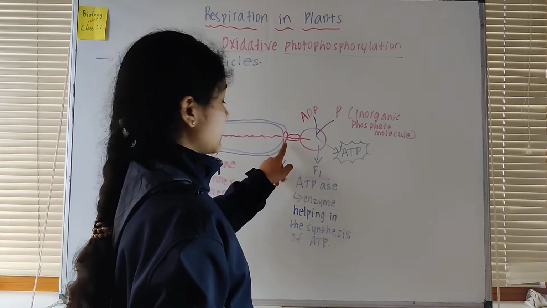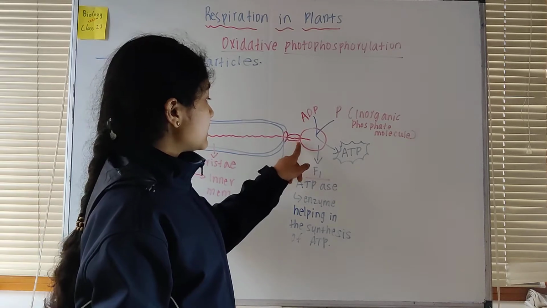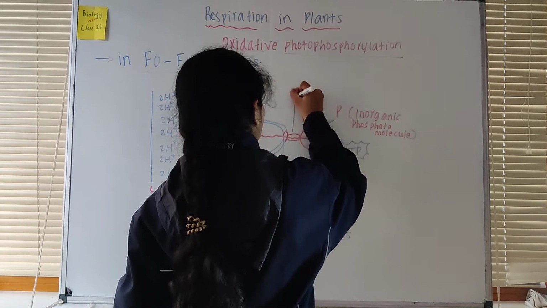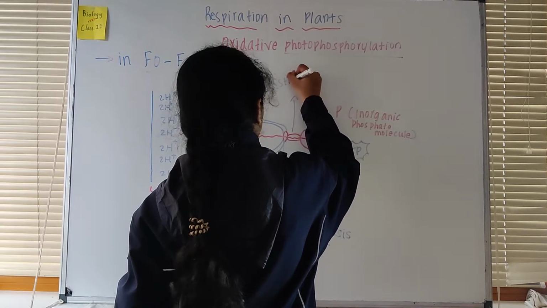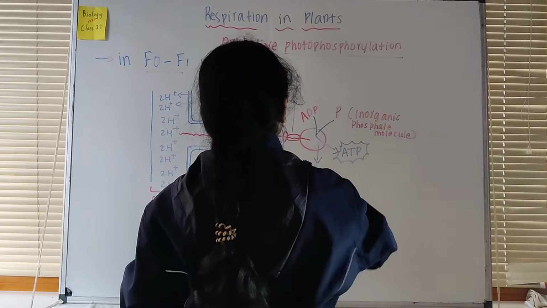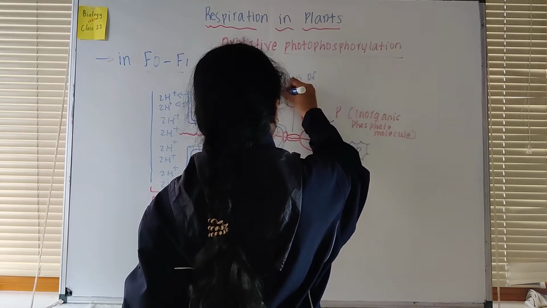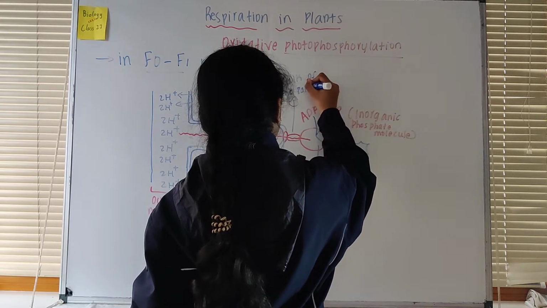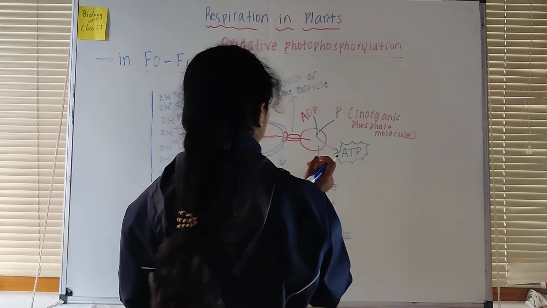F0 is present here, and this is called the stalk of the particle, which helps in connecting the F0 F1 particles.